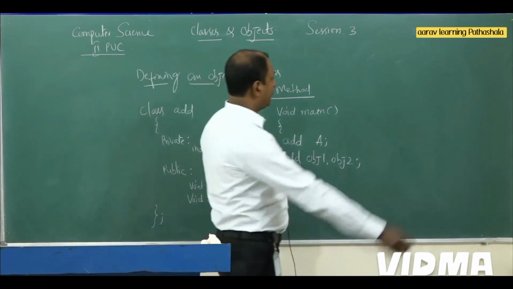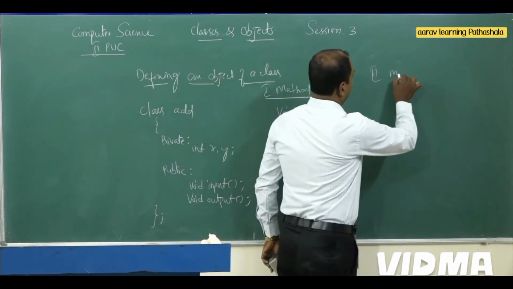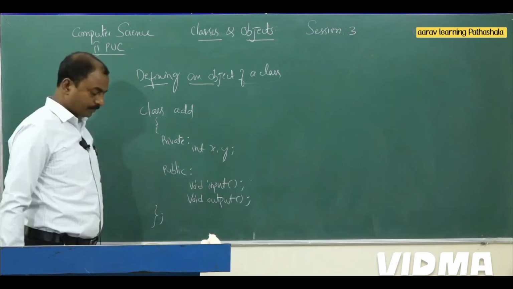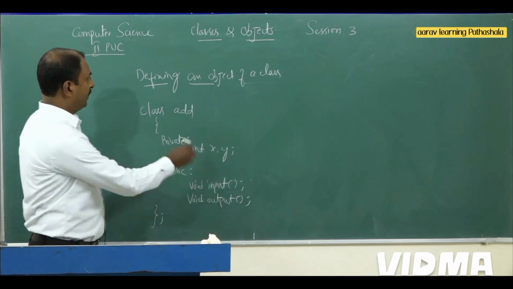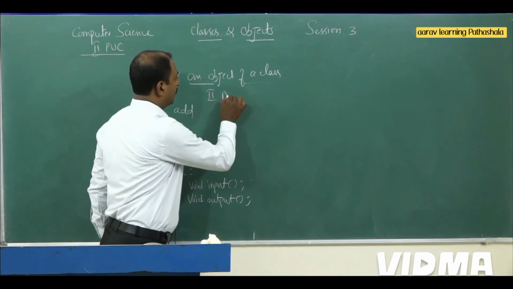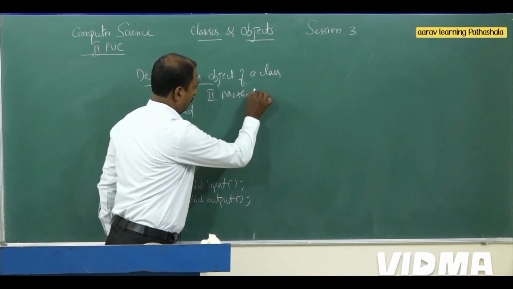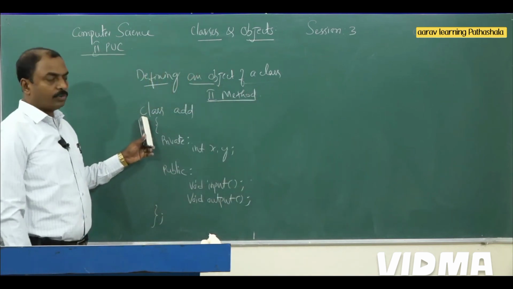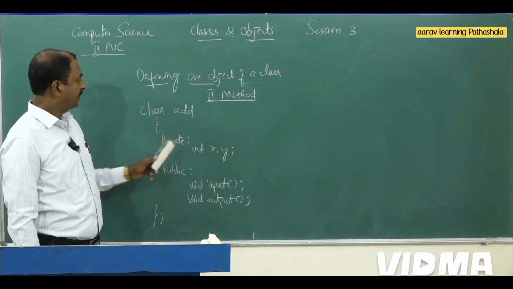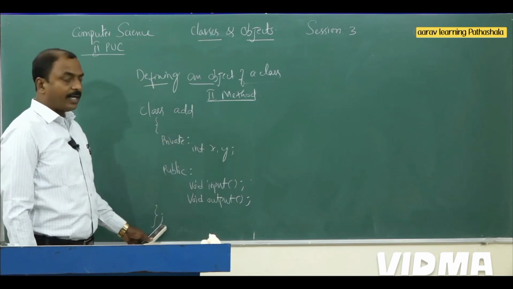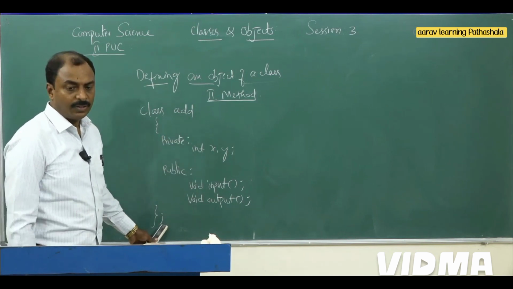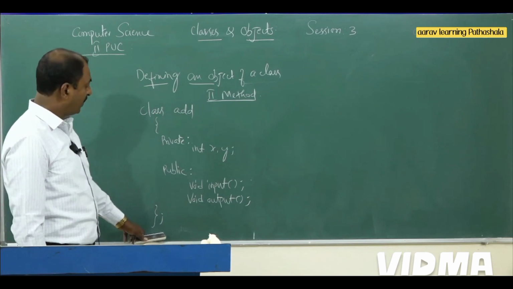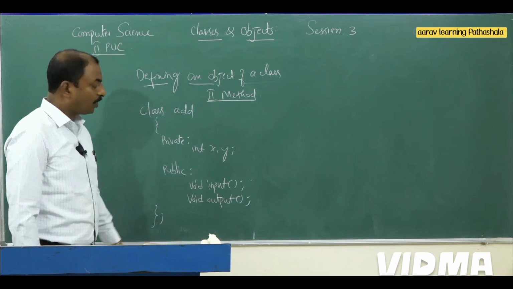And in the second method, let me take the same example. First, as usual, we define the class name and close the class. But instead of closing with a semicolon right away, after this we write the name of the object.